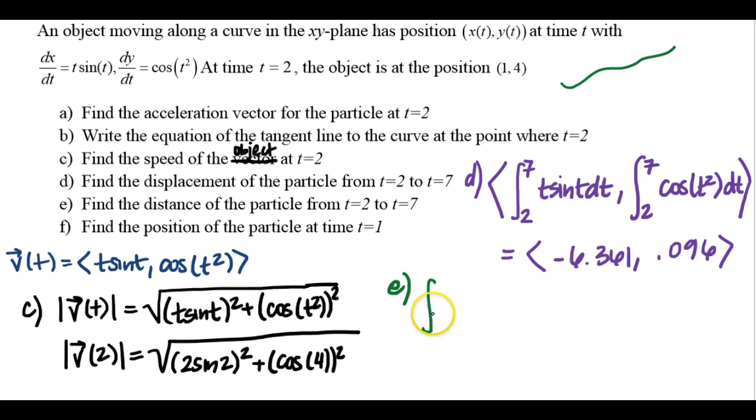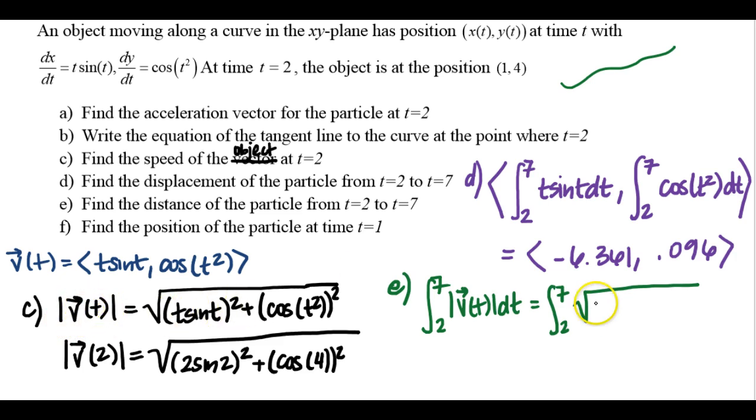So in general, we're looking for the integral from 2 to 7 of the absolute value of v dt. That stays the same when we're talking about distance, but because v is a velocity vector, this is the integral from 2 to 7 of the magnitude. Absolute value means magnitude. So here's the absolute value of the vector v of t.